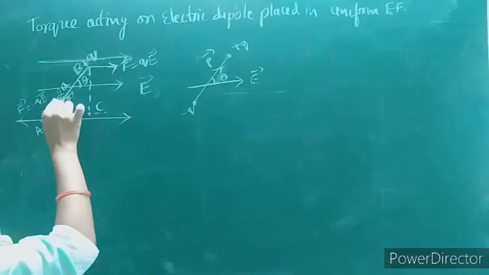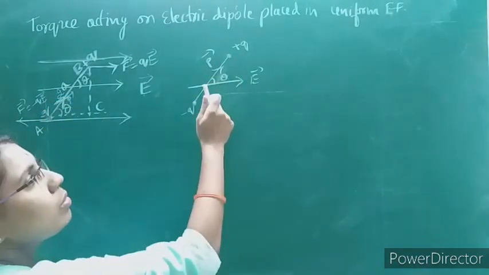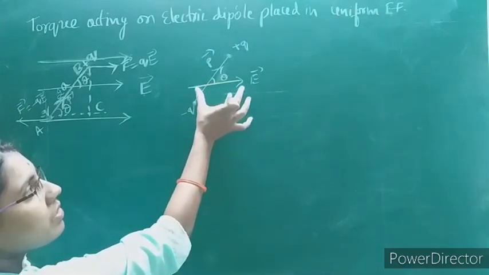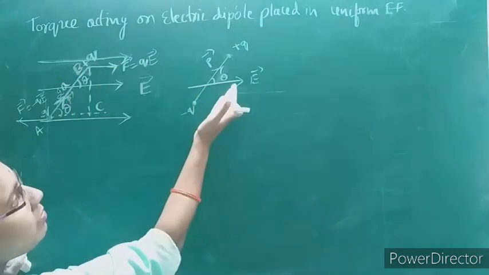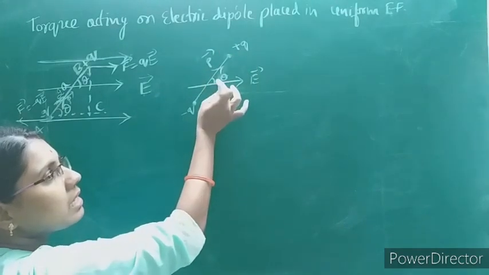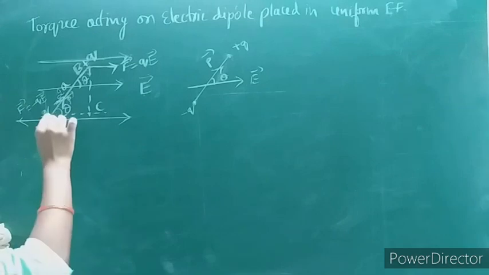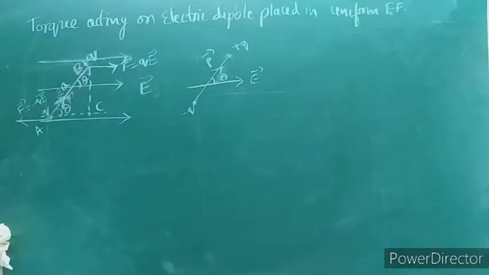Here, the direction of the dipole moment is from the negative to the positive charge, and it is placed at an angle theta with the direction of the electric field. I have just written the same thing here. The dipole has a dipole length of 2a.